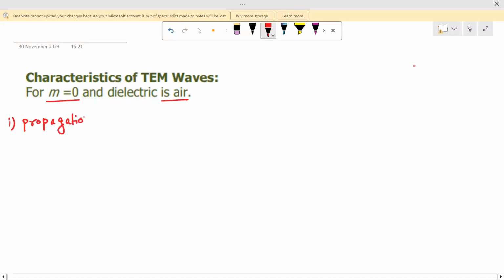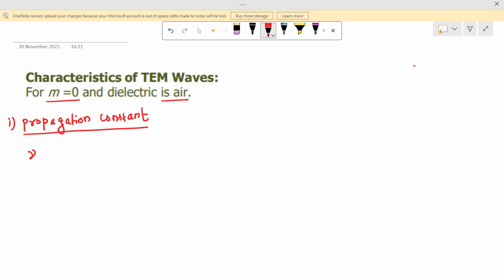The first characteristic that we are going to see is propagation constant. We know that propagation constant is represented as gamma, which is given by root of h square minus omega square mu epsilon. The value of h is given by m pi by a. And also we know that mu is equal to mu r mu naught and epsilon is equal to epsilon r epsilon naught.